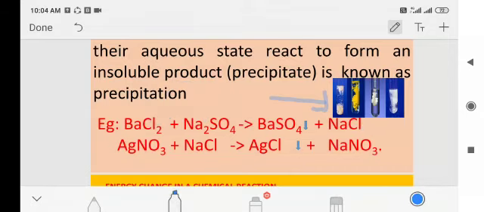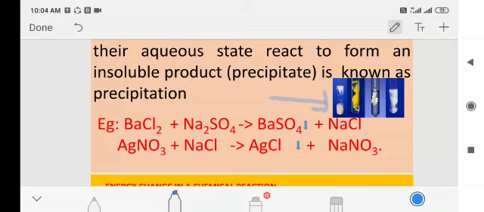Then the second example: you will find silver nitrate is reacting with sodium chloride and forms AgCl and NaNO3, sodium nitrate. See how the reaction takes place. Silver, the first radical, is combining with the negative radical chlorine and forms AgCl, and the second positive radical sodium is combining with NO3 and forms sodium nitrate here.